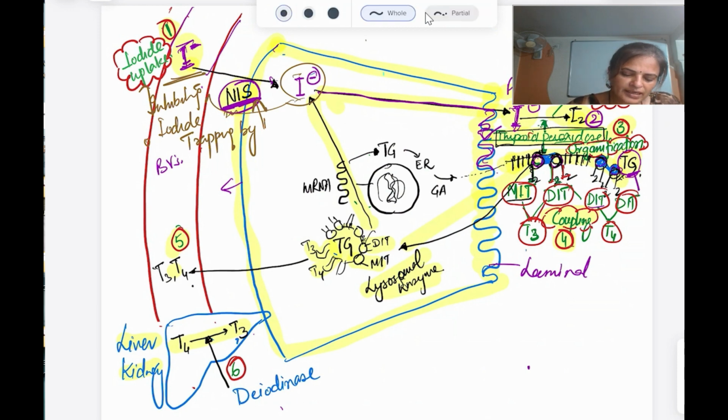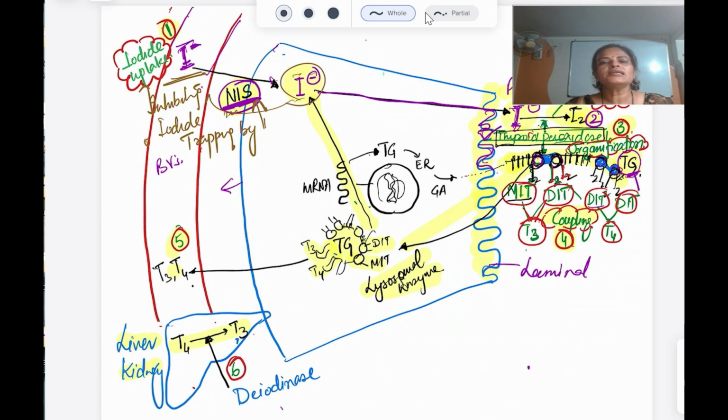So by acting there, it is going to block the iodide uptake, the very first step which is required for the synthesis of T3 and T4. That is blocked by ionic inhibitors. We have thiocyanate, perchlorate and nitrate.